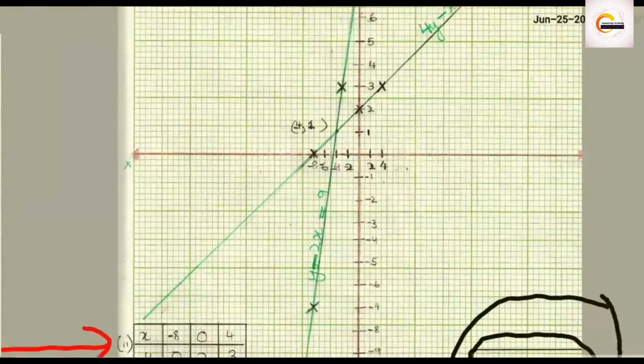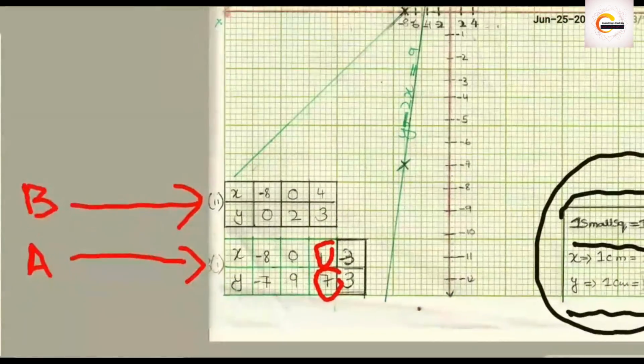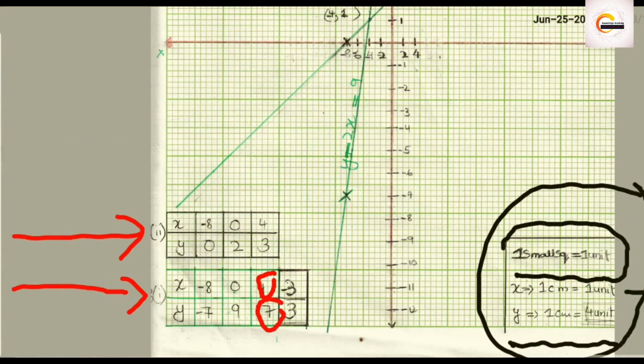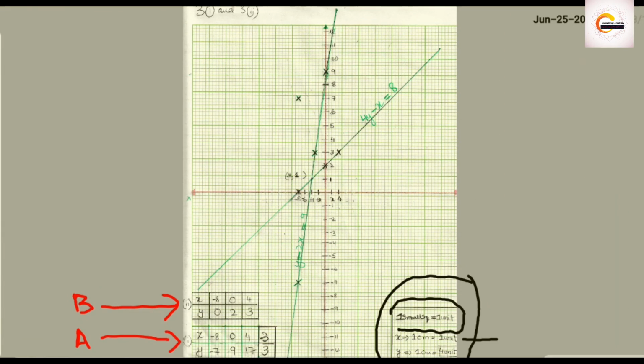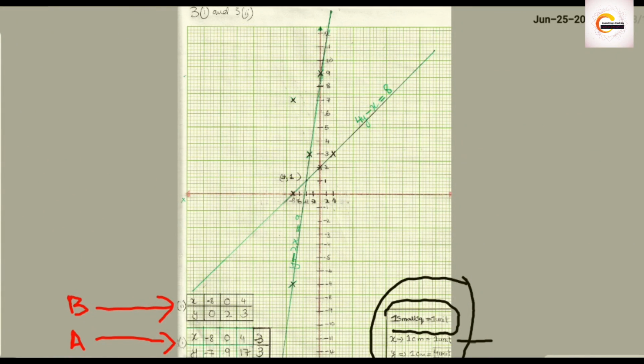So I have found one more point by supposing a number and putting it in my equation. This is the line in which we have to find one more point because 17 is difficult to plot on this graph.